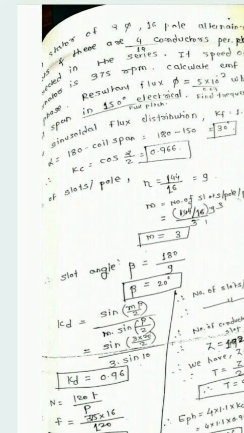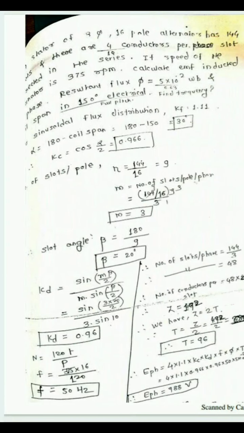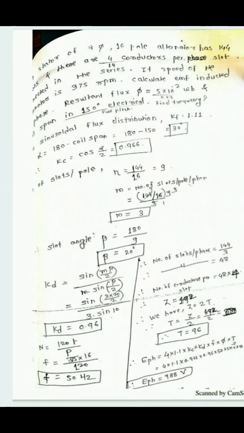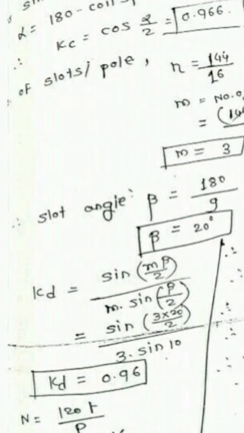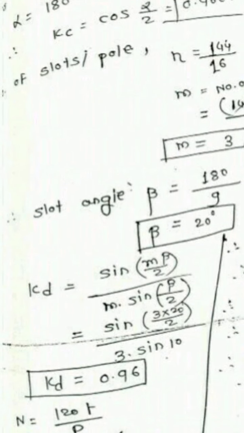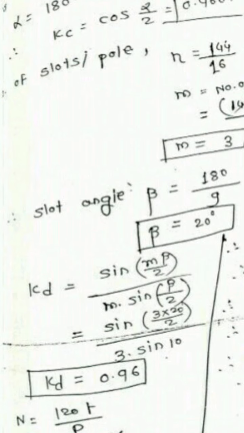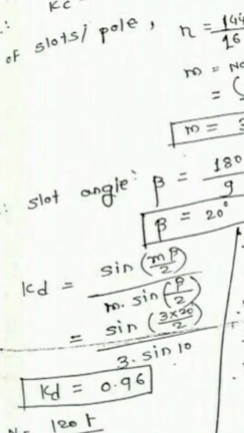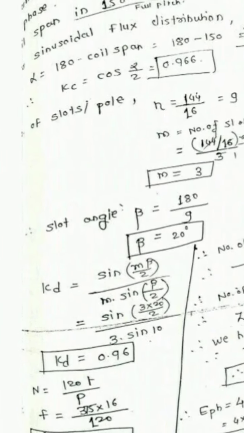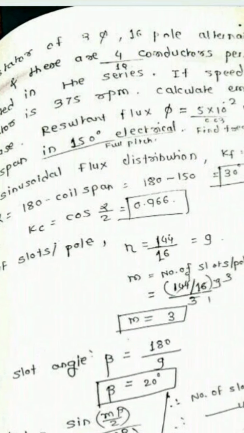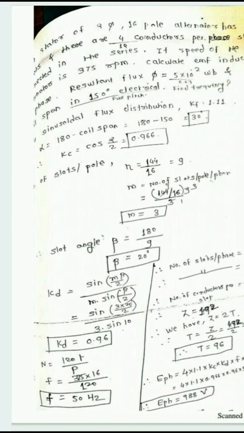So the first term in that formula, the value of kp or kc, is available with us. The next step is to find the value of kd, and the fundamental formula of kd is kd equal to sine m beta by 2 divided by m sine beta by 2. For that, we need to know the value of m and the value of beta. First we want to find the value of n, which is slots per pole.